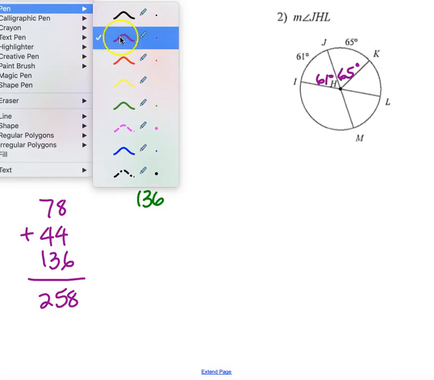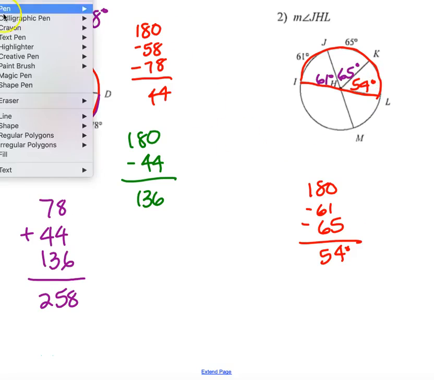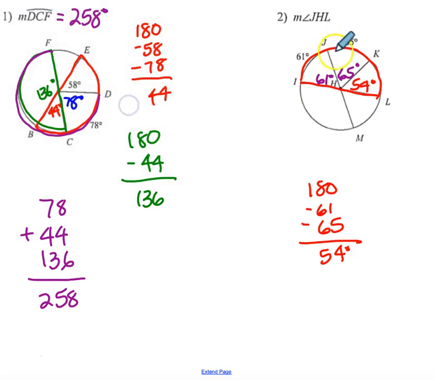If I look for a semicircle, I can see that this is a semicircle, half a circle is 180 degrees, and if I subtract the 61 degrees and the 65 that I already know, I end up with 54 degrees, which is here. So now that angle's 54 degrees, and I want to find the measure of angle JHL.